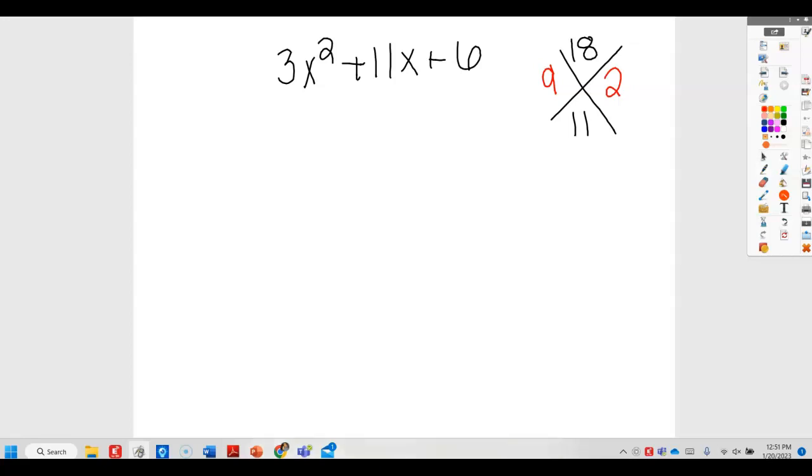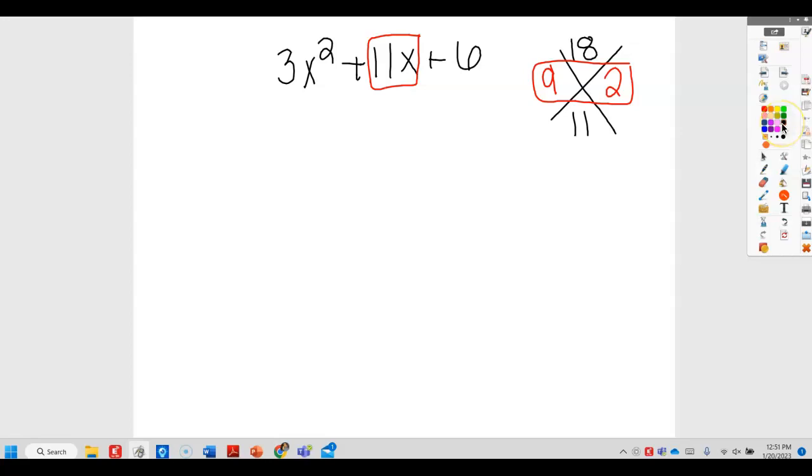We are going to take those 2 numbers and create a factor by grouping problem by replacing the 11 with 9 and 2. So you're going to make your problem expanded.